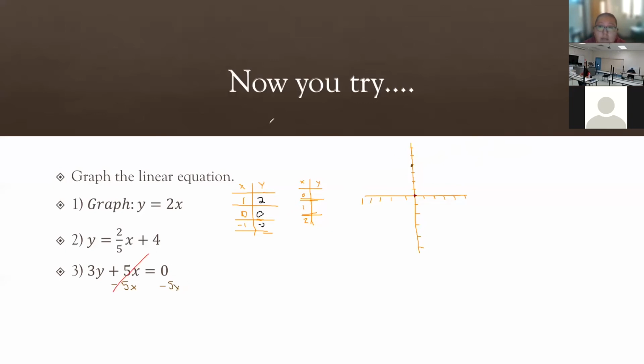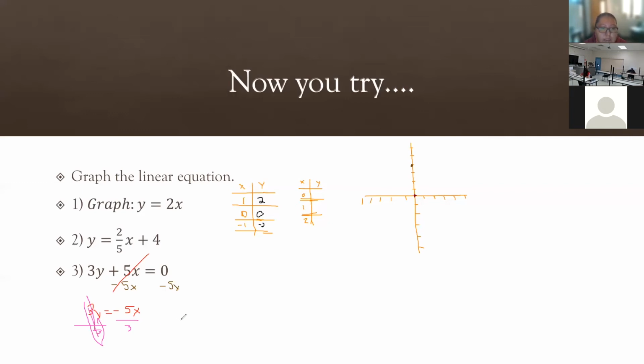So the next part is you're going to rewrite it. 3y is equal to -5x. So next thing we're going to do is divide by 3. 3 divided by 3, and then this will cancel out this 3 on this side.